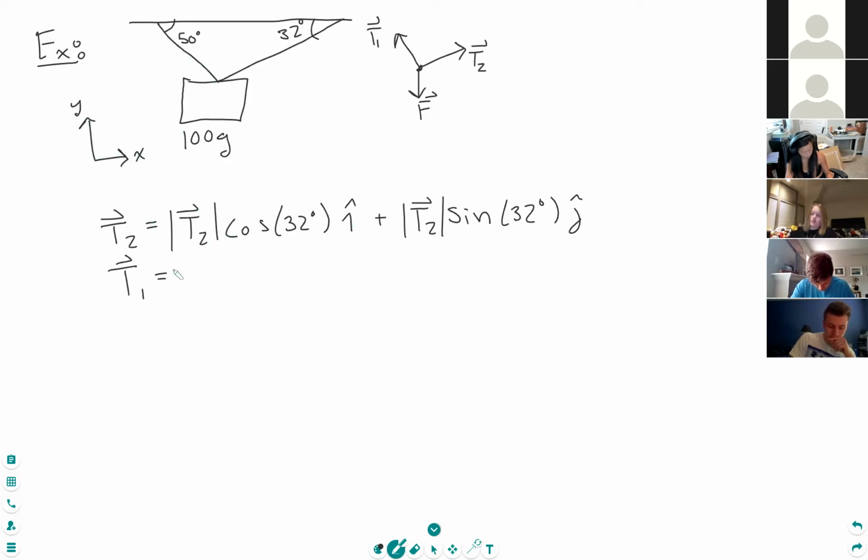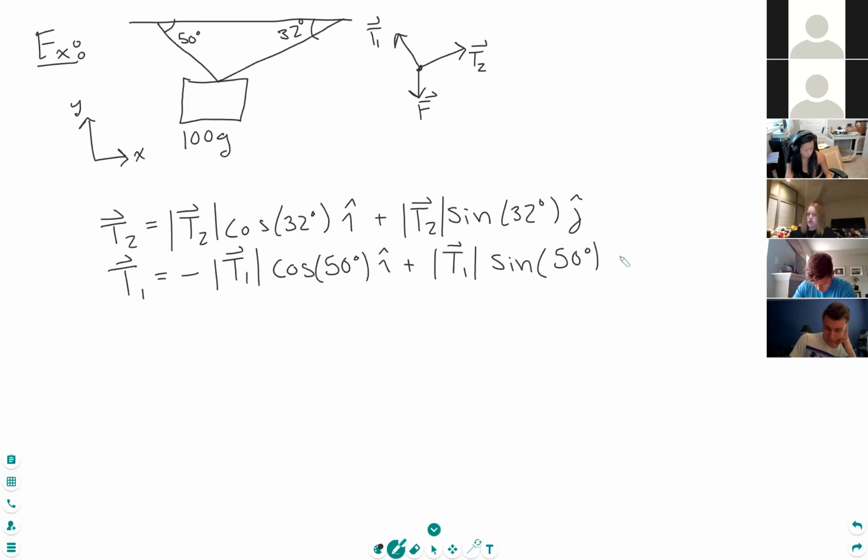So T1 is negative magnitude of T1 cosine of 50 degrees i hat plus the magnitude of T1 times sine of 50 degrees j hat.